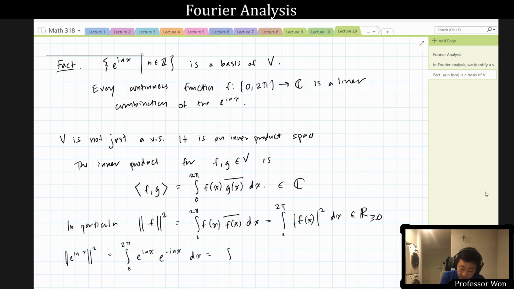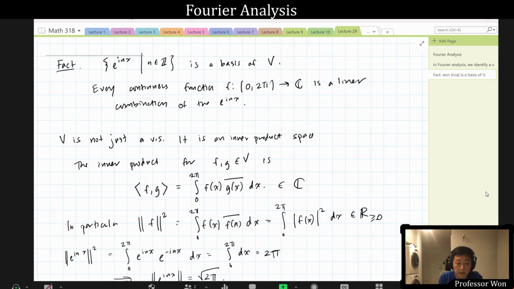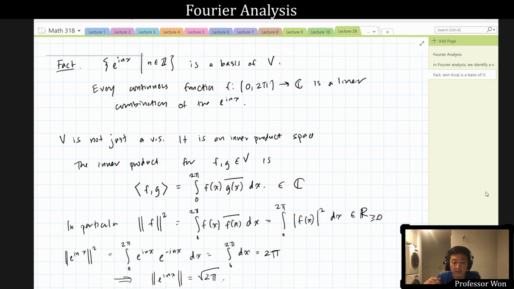And so you're just integrating 0 to 2 pi dx, and you get 2 pi. That means that each of these nice basis vectors has modulus the square root of 2 pi with respect to this norm. Okay, so I've got a bunch of nice basis vectors, and I even know their norm. I can also talk about what's the inner product of these basis vectors with one another.